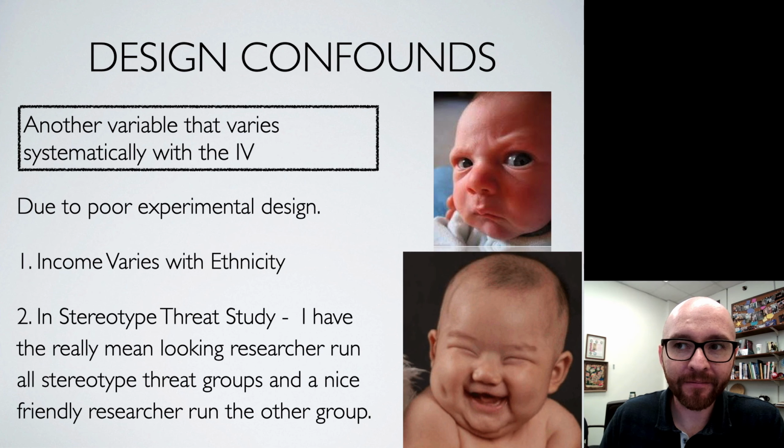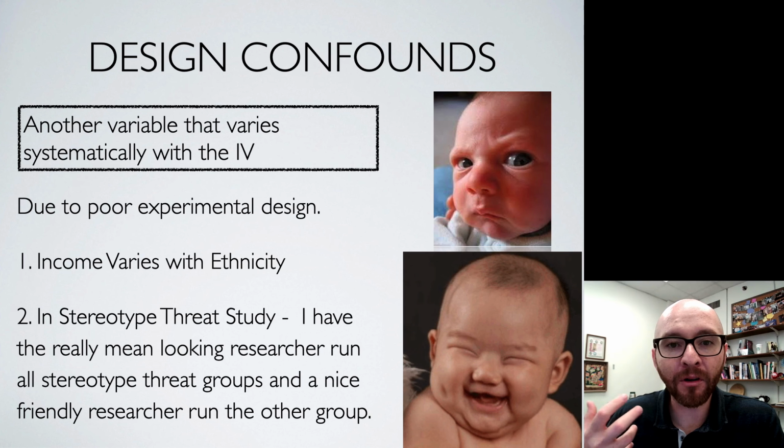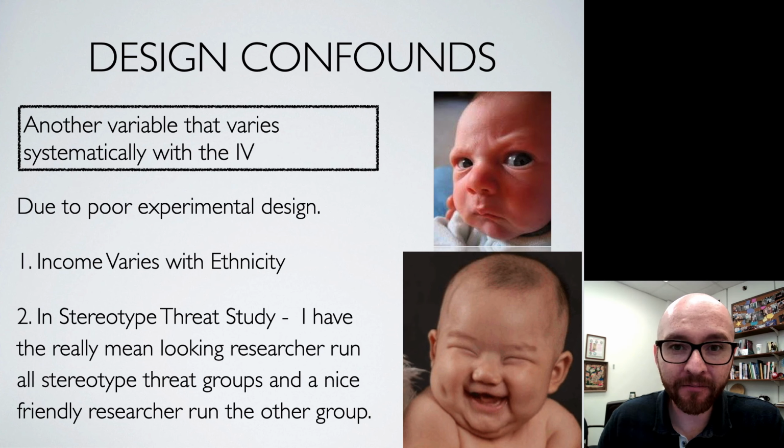Who's to say that the researcher's affect or the emotion they were displaying didn't impact their test score, right? Maybe it wasn't stereotype threat. Maybe it was some issue with my design. Maybe it was that the mean researcher made people nervous, right?